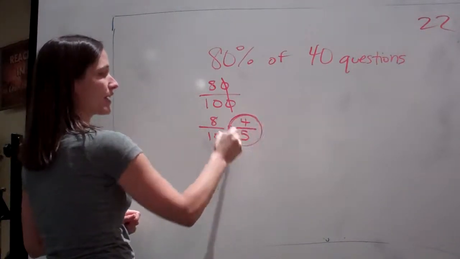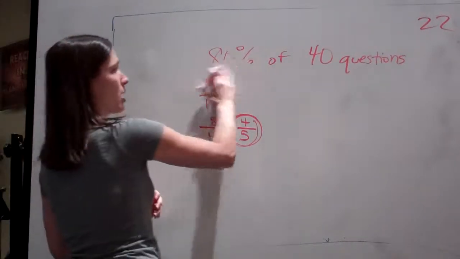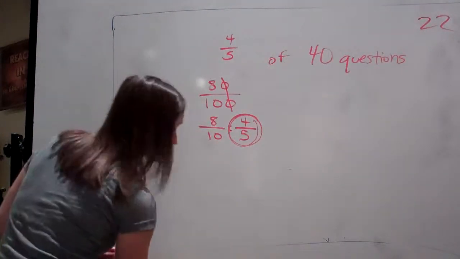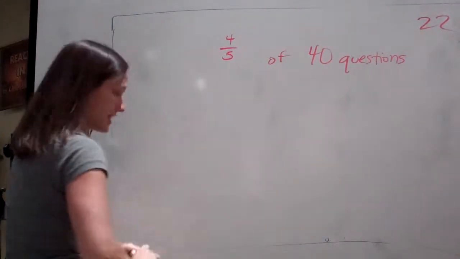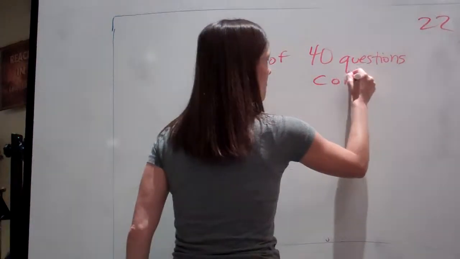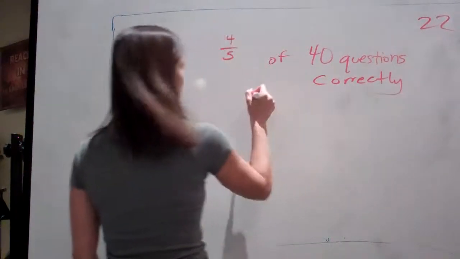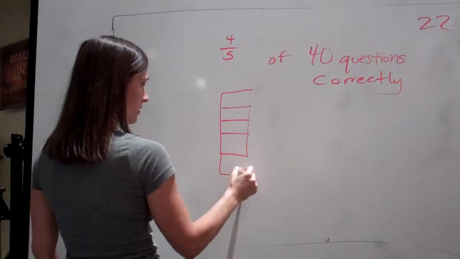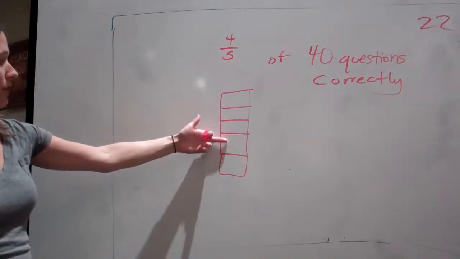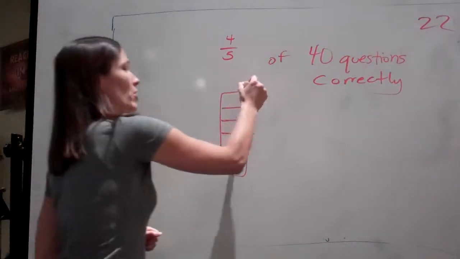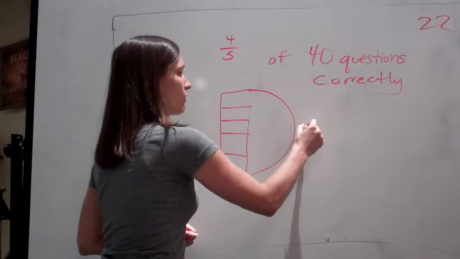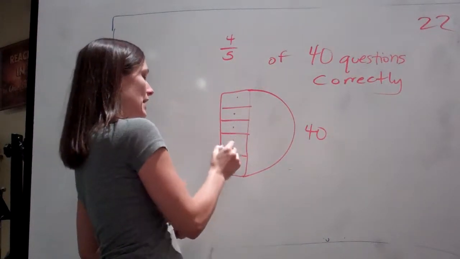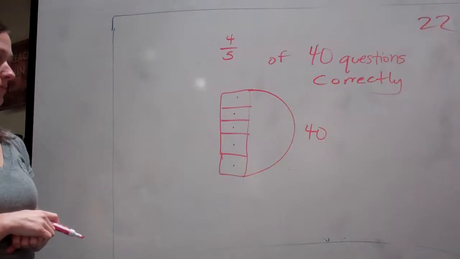So we finally reduce it. So now let's rewrite the problem. 4/5 of the 40 questions is how many she answered correctly. Okay, so let's draw that. 1, 2, 3, 4, 5. How many questions are there total? 40, right? How much is in each? 8.